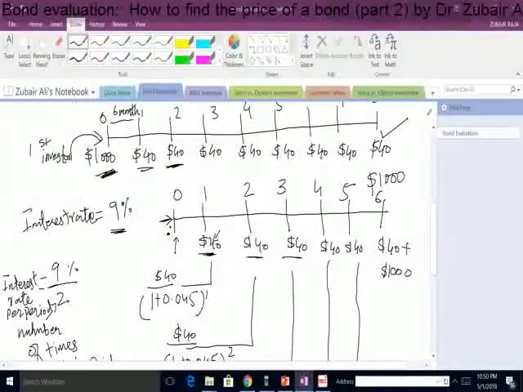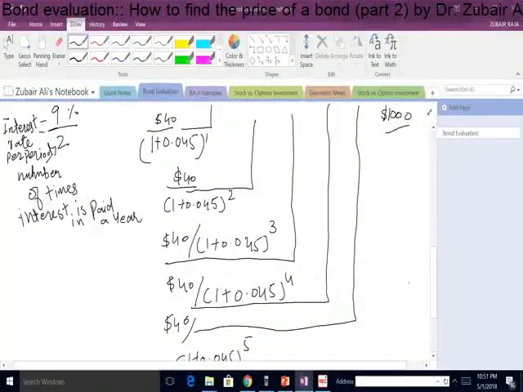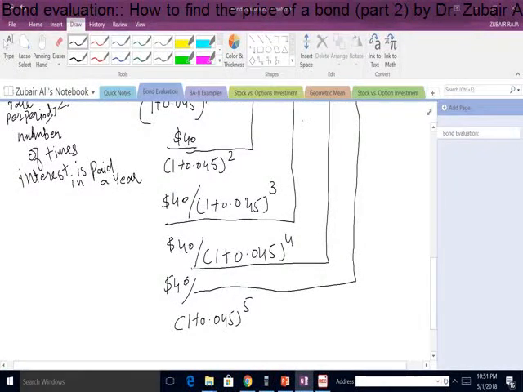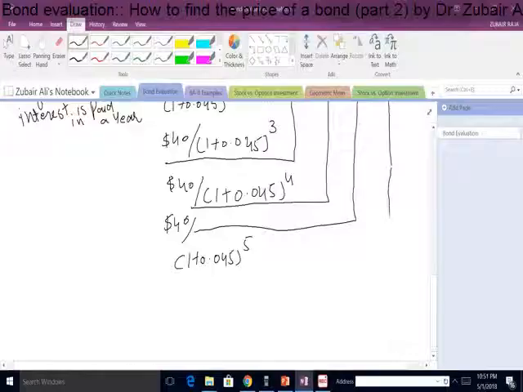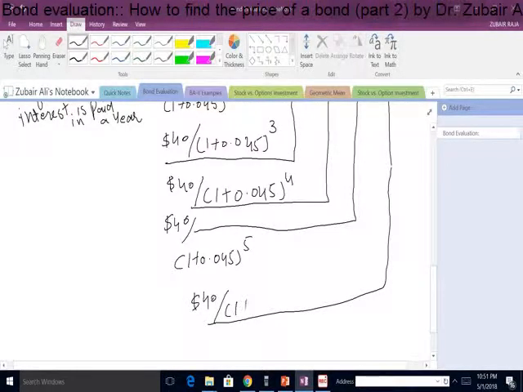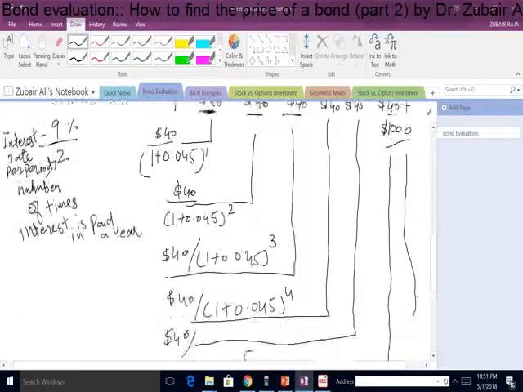And the last payment, in the last period there are two payments, the last interest payment and the principal payment, right? So we can do it together, we can do it separately, but first let me show you separately. So this is $40 all divided by 1 plus 0.045 raised to the power 6, and then we have the principal payment as well, which is 1000, the face value which the first investor originally invested, right?